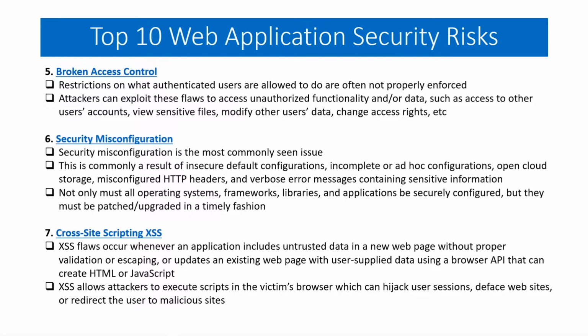Cross-site scripting allows attackers to execute script in the victim's browser, which can hijack their sessions, deface websites, or redirect the user to other malicious sites. We're going to look at this in the second part of the lab, and this is why it's important for web apps to validate user input or possibly disable being able to run scripts.